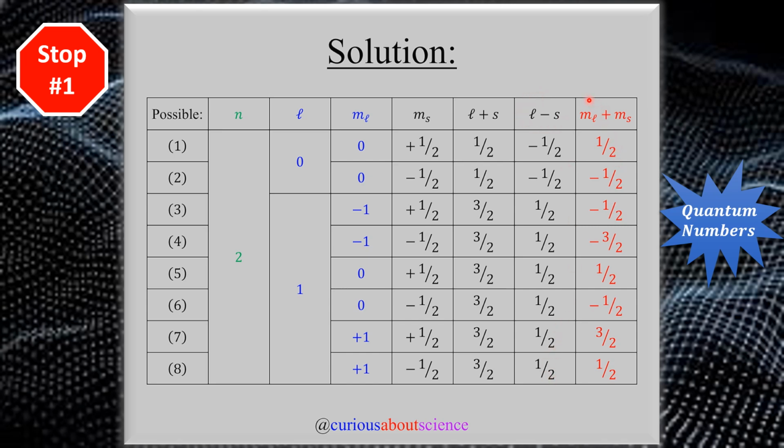And then if we add the magnetic and spin numbers here, we get the red combinations, and that will be used in the next part as well whenever we line up the different combinations of these states. Now, it's important to remember here that the quantum states in a system can be described as a linear combination of these 8 states.